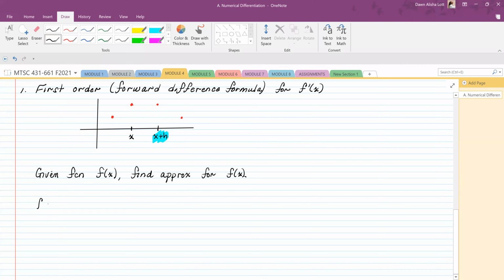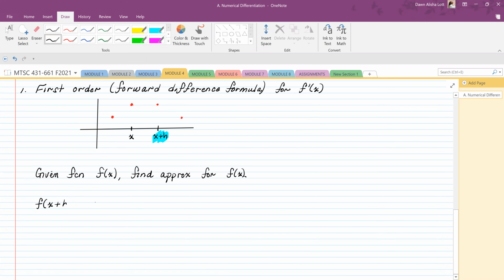So I get f of x plus h is equal to f of x plus f prime of x times h plus f double prime of x times h squared over 2 factorial, plus f triple prime of x times h cubed over 3 factorial. And this thing continues on and on.